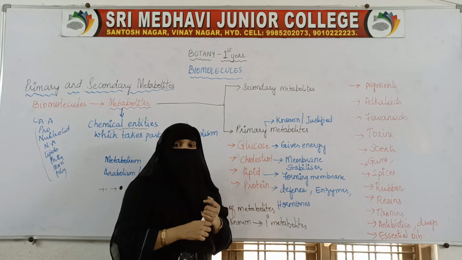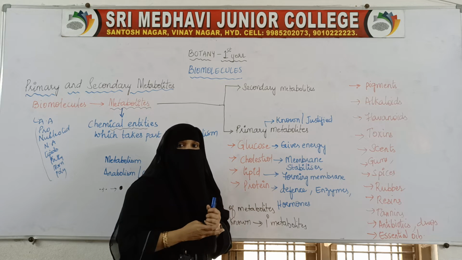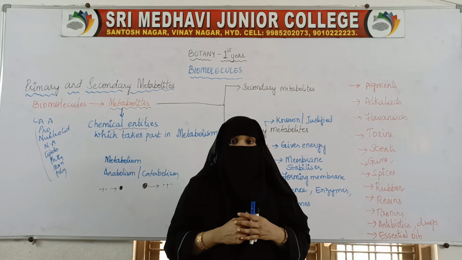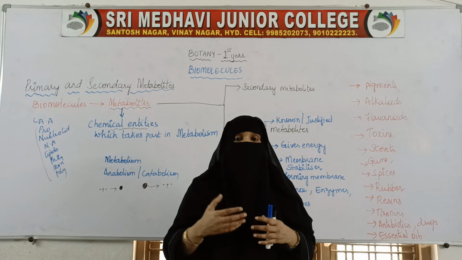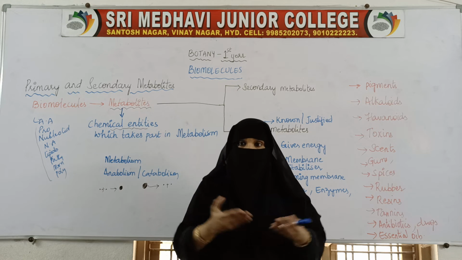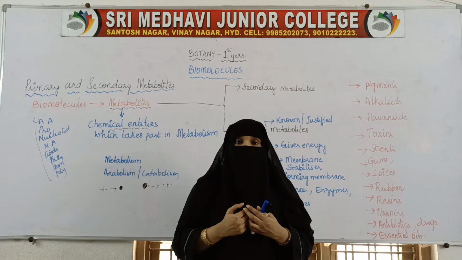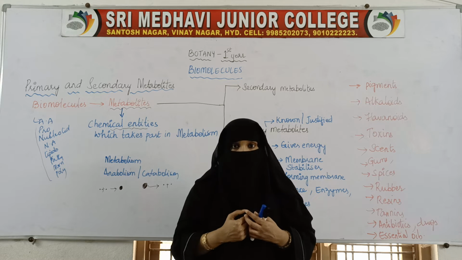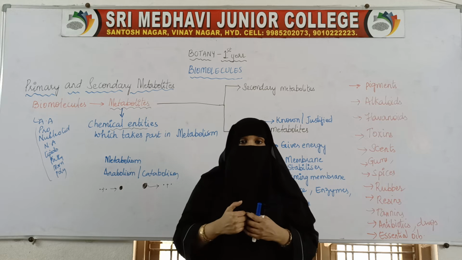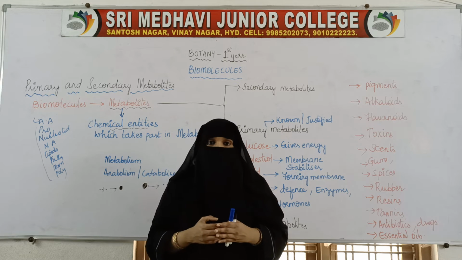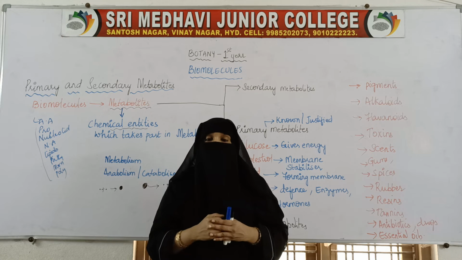Protein, we all know that is proteins, they help in defense mechanism. Antibody, that is when we get sick. Why do we get sick? Some foreign microorganisms enter into our body, and when they enter into our body, they cause diseases. So to fight with the disease, our body produces a protein.